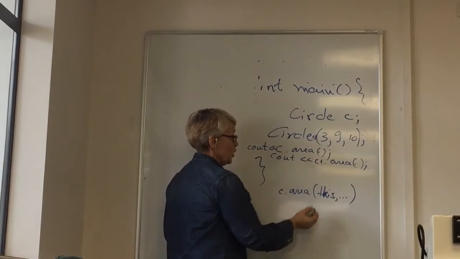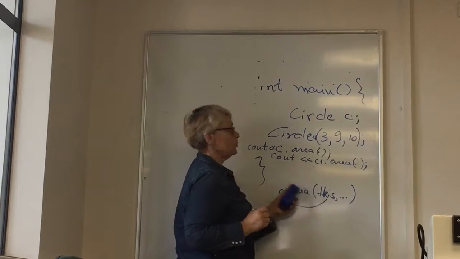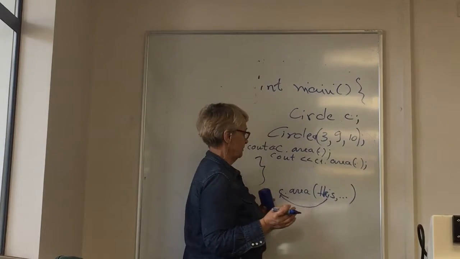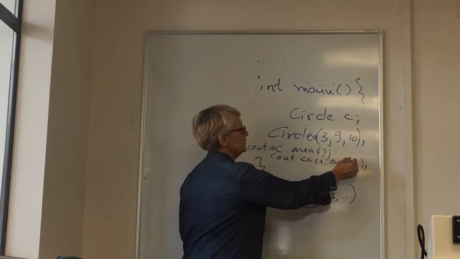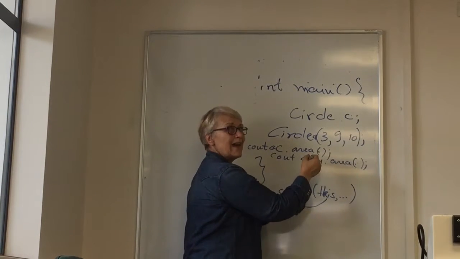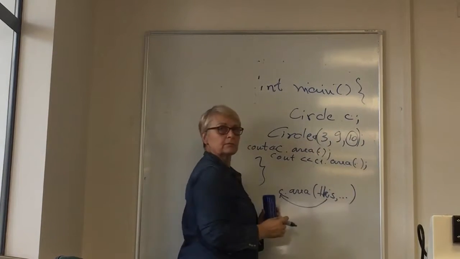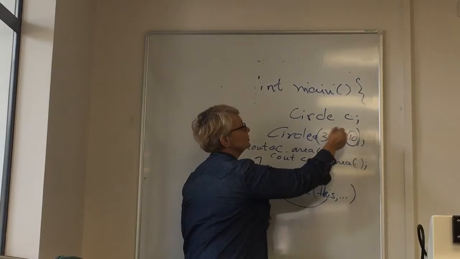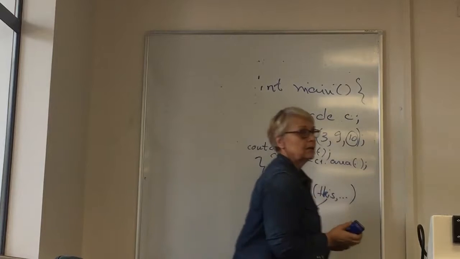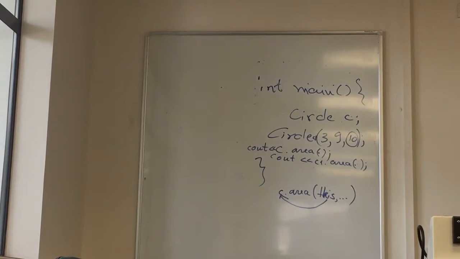So when we invoke the area, this points to the circle with 0, 0, 0. The this pointer in C1.area points to the C1 object. So it works with this radius because it points to what data members were there. But you will see this kind of pointer is available, this.